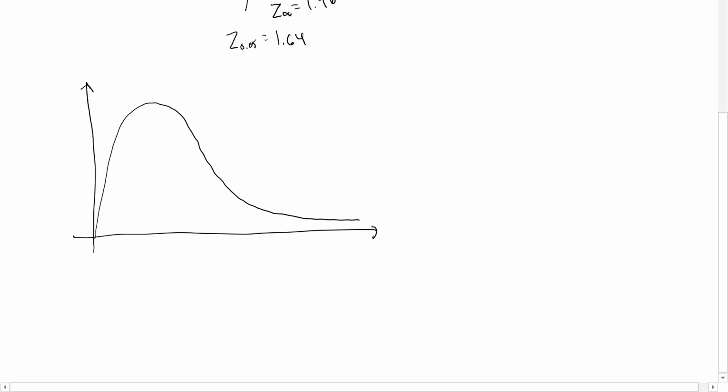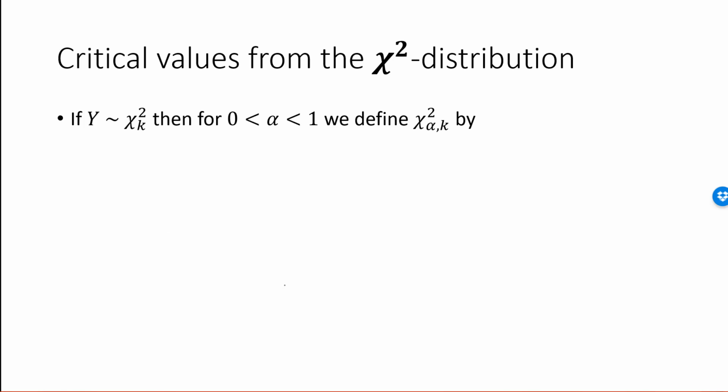I set the right-hand tail equal to some given alpha, and then this is my critical value, and we denote that by chi-square alpha comma k. That's the critical value. So we have this: Y follows a chi-square distribution with k degrees of freedom. Alpha is a probability, the size of the right-hand tail.